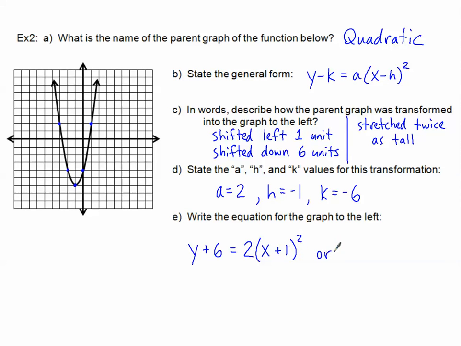So that's acceptable, of course. Some people don't want to write it as y plus 6. They'd rather write it as y equals 2 times the quantity x plus 1 squared, and then k is just -6. And that's absolutely fine as well.